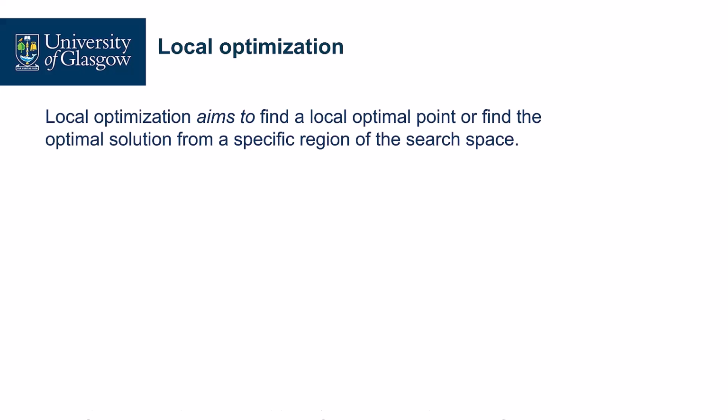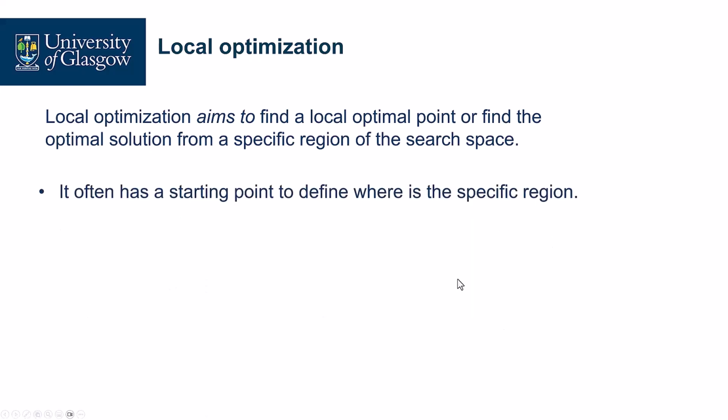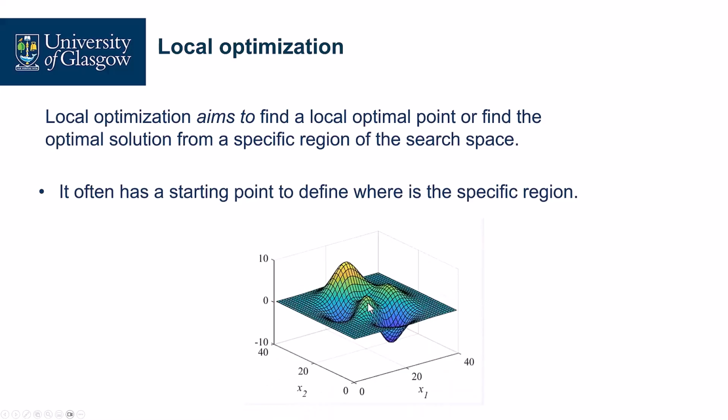Often we show a starting point to define a specific region. For example, in this figure, if I started from here, I might get this local optimum. So this is a region. If I start here, I may come to here. If I start here, I may come to this local optimal solution, and this is a global optimal one as well, right?